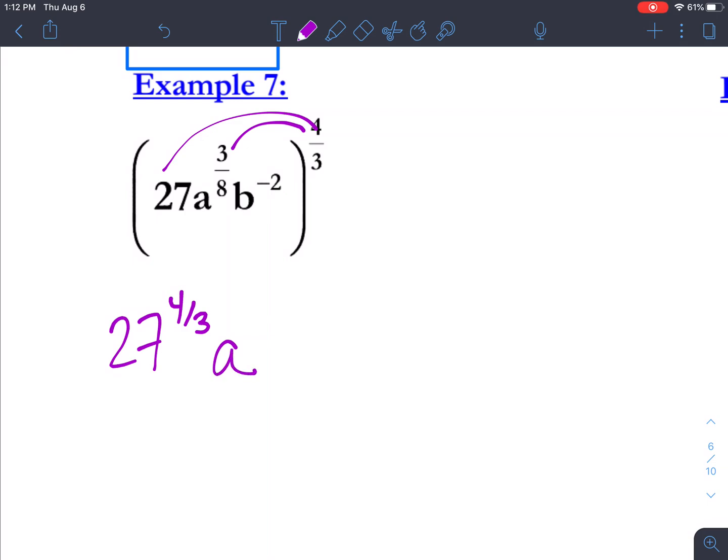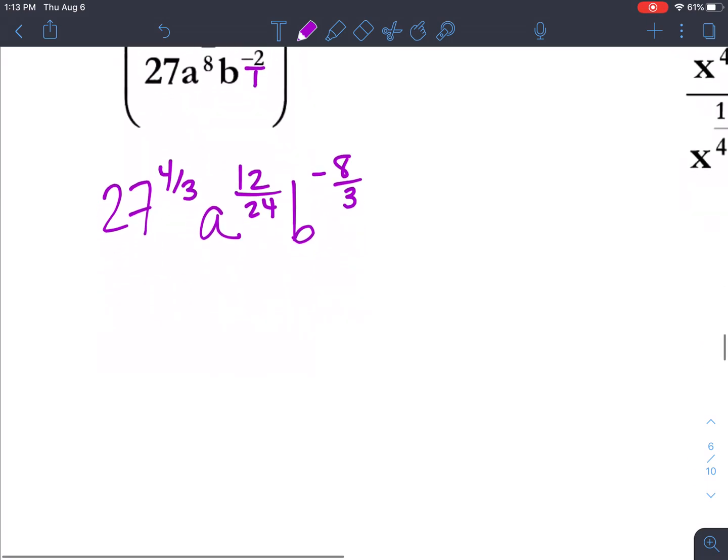A to the, all right guys, we have to multiply 3 times 4 over 8 times 3, 12/24ths. So we went to 27, we went to a, we've got to go to b. b to the, remember this is like negative 2 over 1, negative 4 times 2 over 3, so negative 8 thirds. Okay, we did our distributing, and now we're just going to simplify.